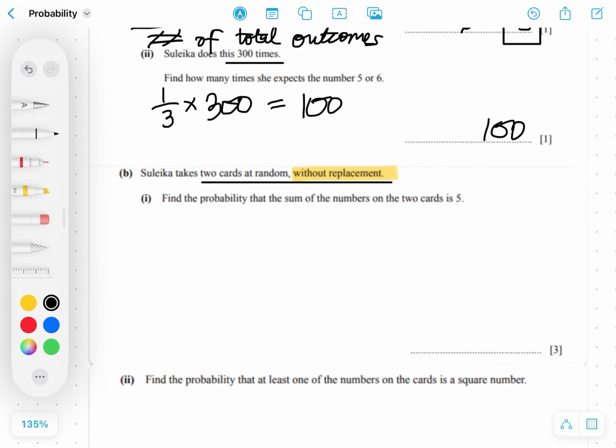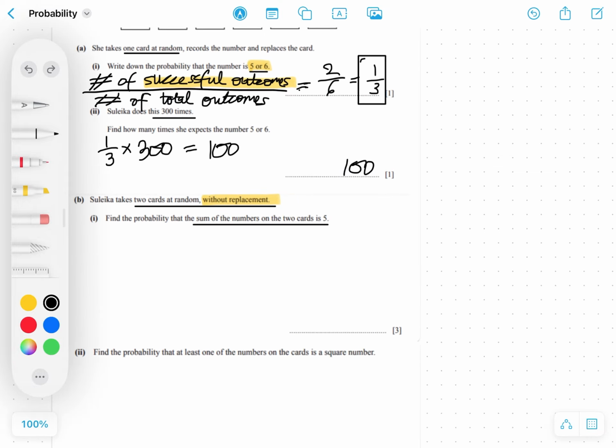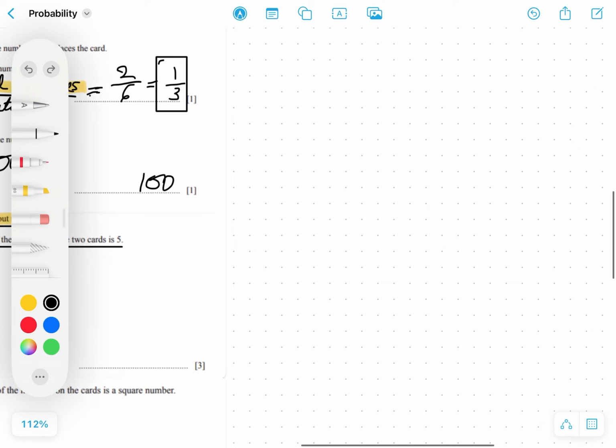So now we're asked to find the probability that the sum of the numbers on the 2 cards is 5. So if in your exam you're given a question about 2 dice or 2 cards and you're asked the sum or the product, you should always be thinking about a sample space diagram.